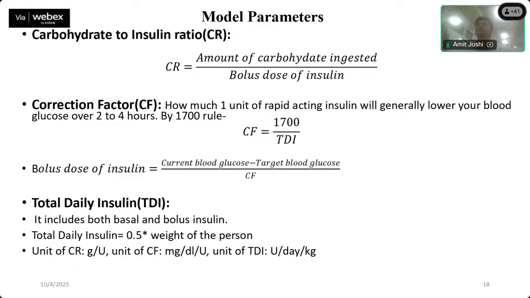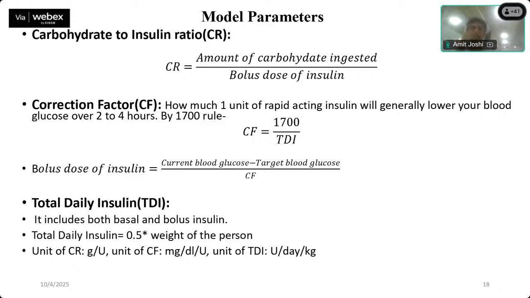That is the bolus dose of insulin that we are considering. So your carbohydrate to insulin factor is the carbohydrate intake divided by the bolus dose of insulin. Your correction factor is 1700 divided by TDI, the total daily insulin. So what amount of the total daily insulin is there?